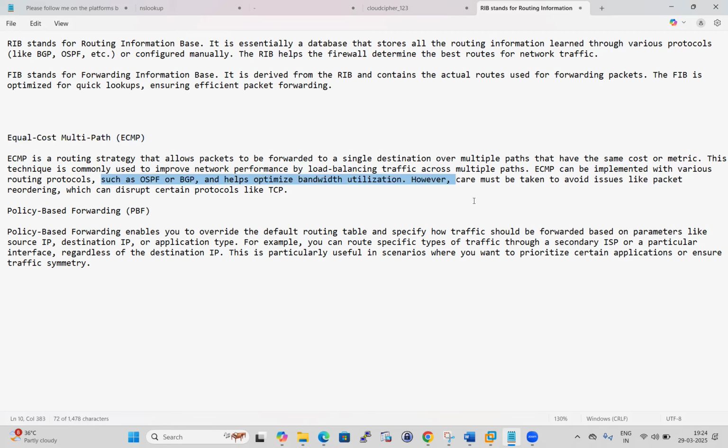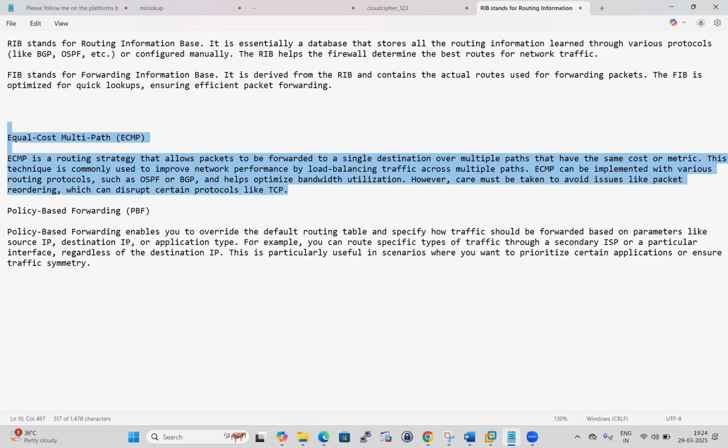However, care must be taken to avoid issues like packet reordering, which can disrupt certain protocols like TCP. In an upcoming session, maybe I'll try to implement advanced routing in the lab, but for now just understand that ECMP is equal cost multipath, a routing feature in Palo Alto used for load balancing.